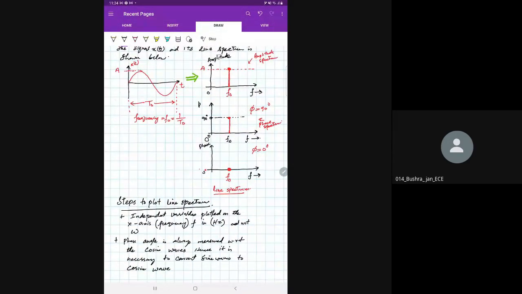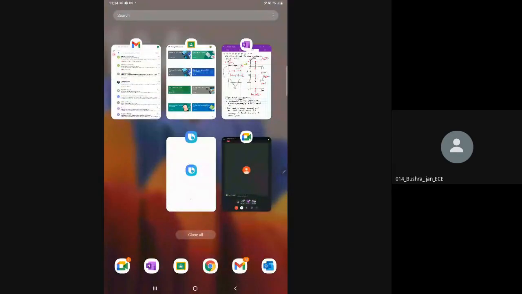Now see, the above wave that you have here, it was actually a sinusoidal wave. And a cosine wave will be something like this, and you'll have the same time period.